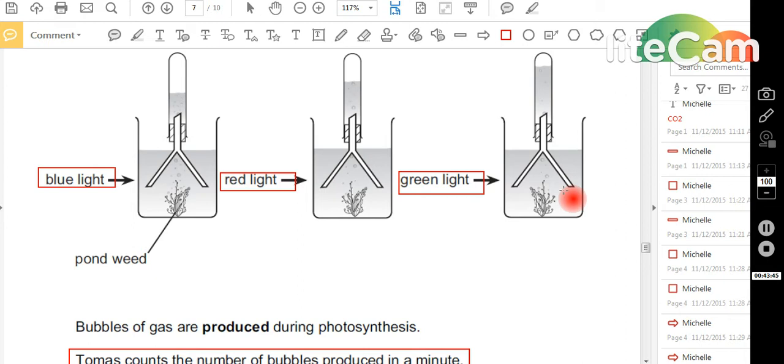You make sure the carbon dioxide concentration is the same and that there's enough. You make sure that it's a healthy green plant. Then the plant has everything that it needs, and the only factor that could have an influence on this photosynthesis is the color of the light.